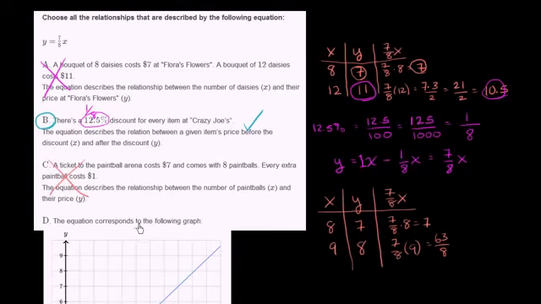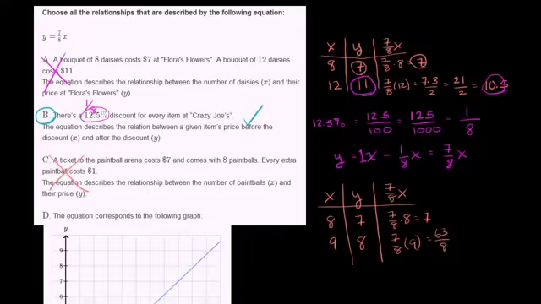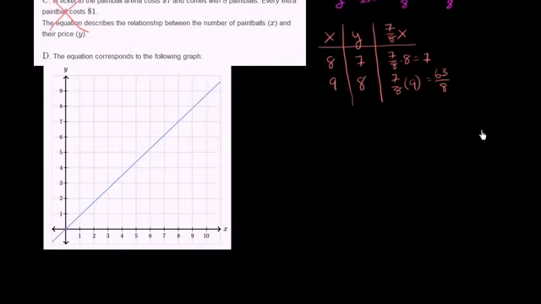Finally, they say the equation corresponds to the following graph. So let's see if y equals 7/8 x corresponds to this graph right over here. What we're really saying is that for any x, y is going to be 7/8 of that. The easiest one is to see when x is equal to 8. When x is equal to 8, 7/8 x would be 7. When x is 0, 7/8 of 0 will be 0. And it's a linear relationship.